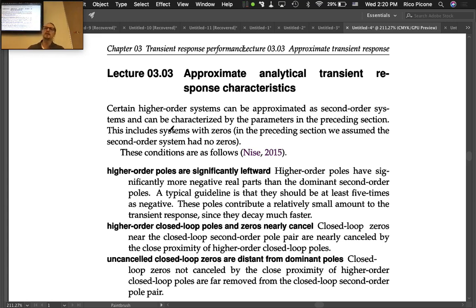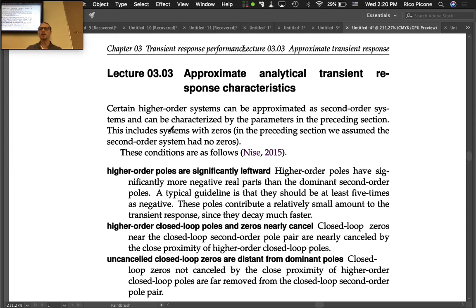And in lecture 3.2, we took those definitions and we derived, in some cases, and in some cases I just gave you the solution for, how those 4 response characteristics relate to first and second order system parameters, so time constant, natural frequency, damping ratio, for systems without zeros in them.